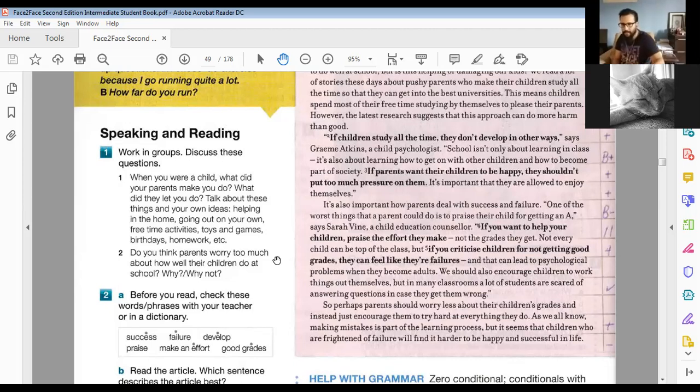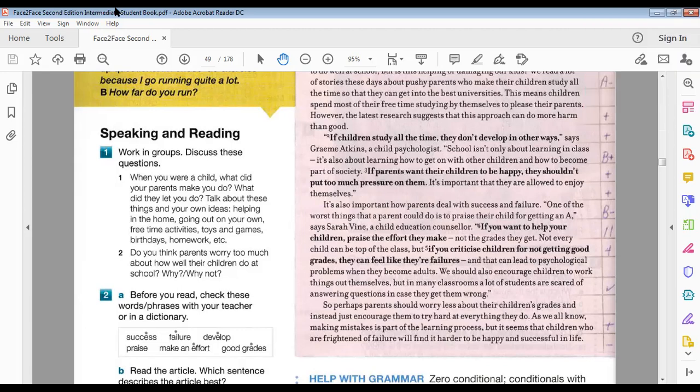So tell me what you see. If you want to praise the effort they make.